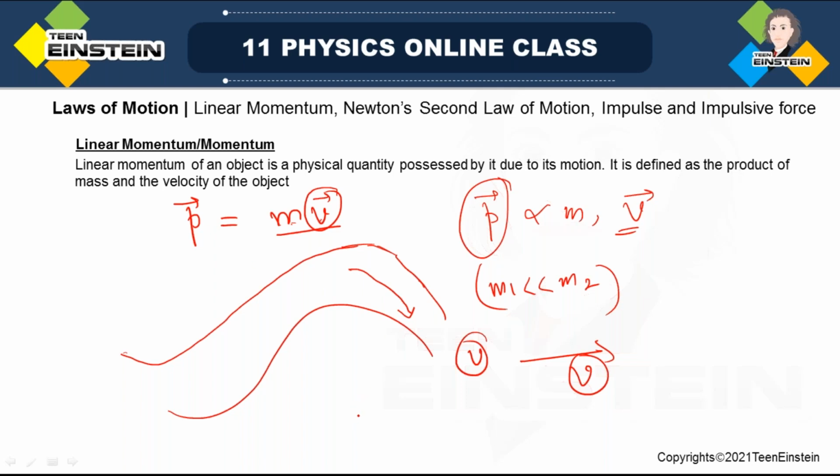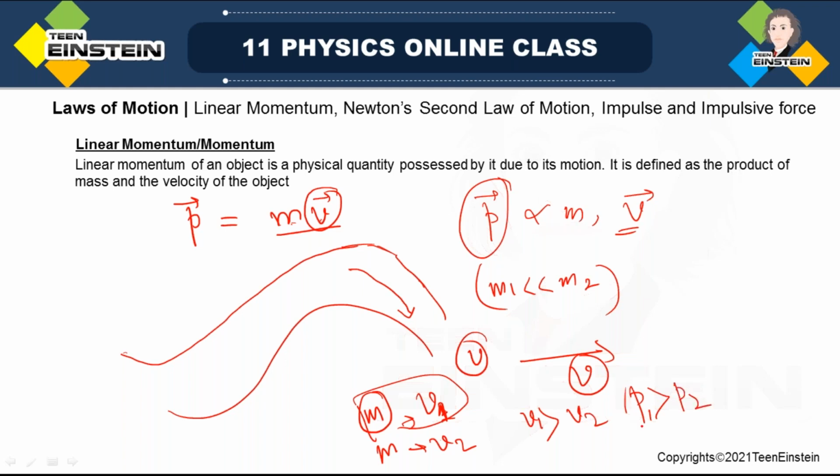When you have two objects with the same mass, but this one has velocity v1 and this has velocity v2, if v1 is greater than v2, then obviously your first object will have greater momentum. That means p1 will be greater than p2.